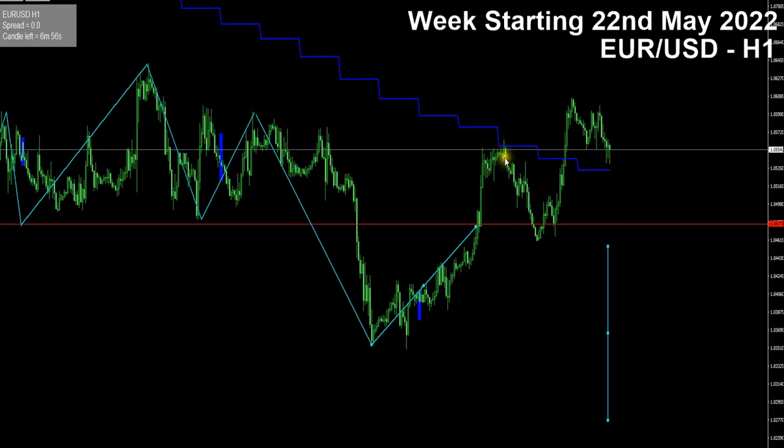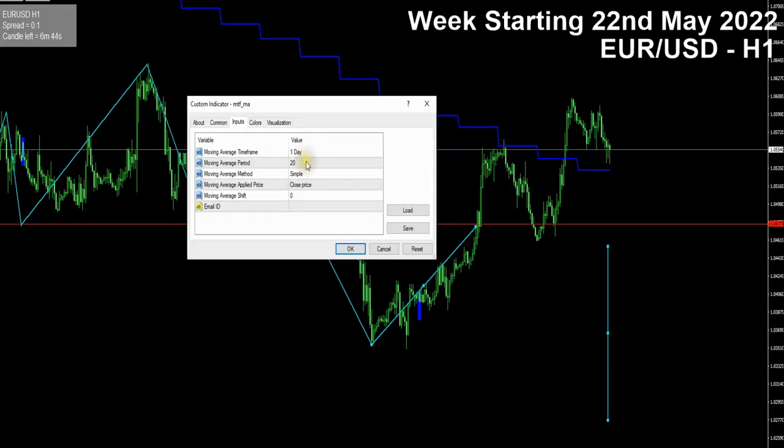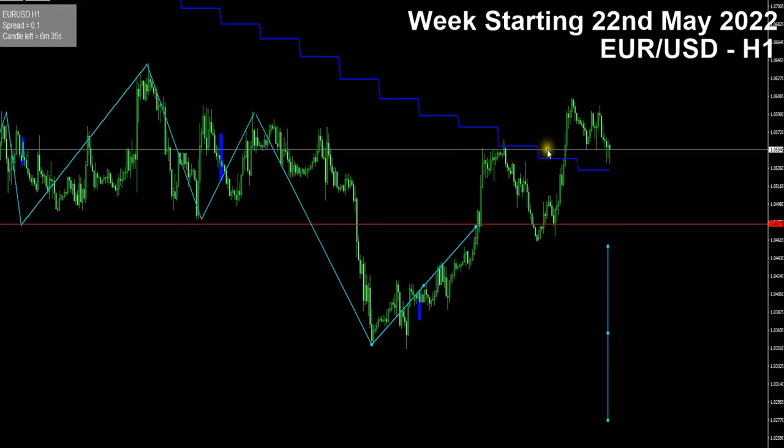We wanted to see this price action down here at this level, but instead it happened up near our multi-time frame moving average. This is a 20 simple moving average based on the daily chart, but it's just plotted on the 1 hour chart, which is why it doesn't look very much like a moving average.